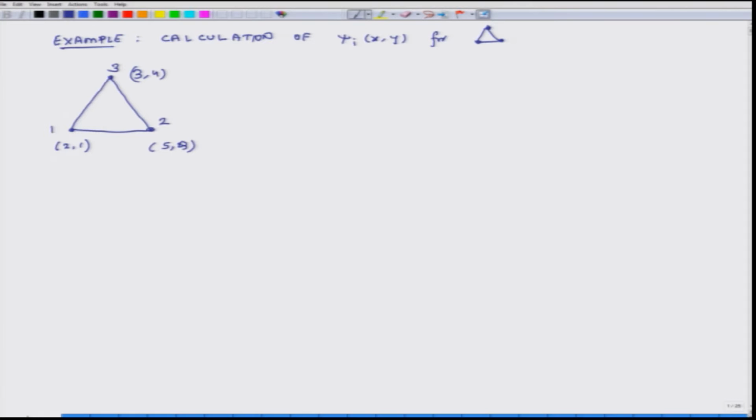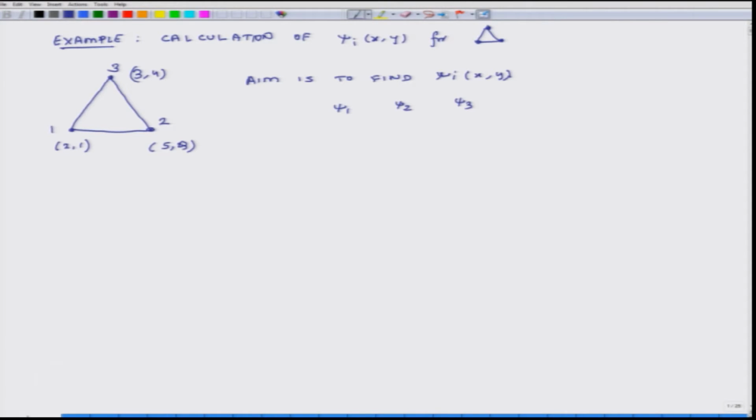For this specific triangle our aim is to find psi I. Specifically we have to find psi 1, psi 2 and psi 3, and all of these are functions of x and y.